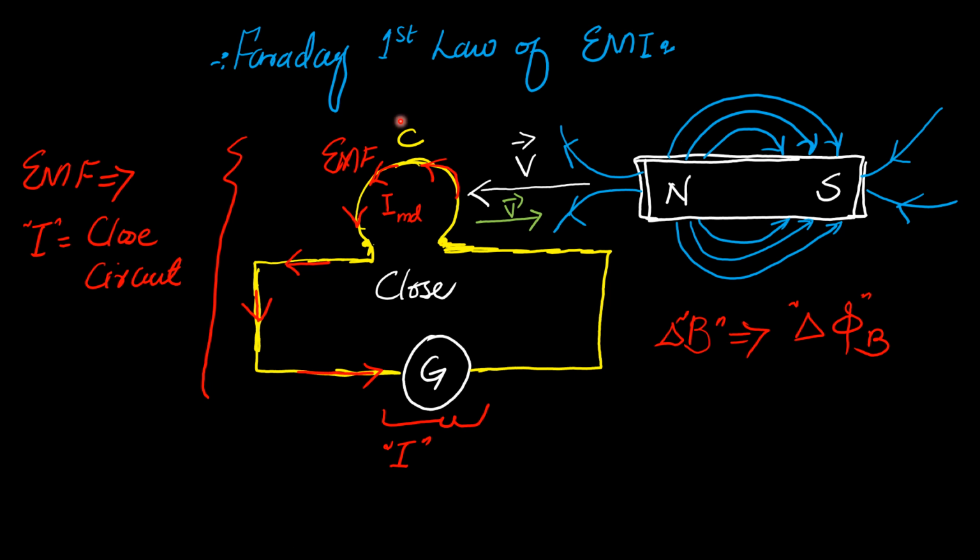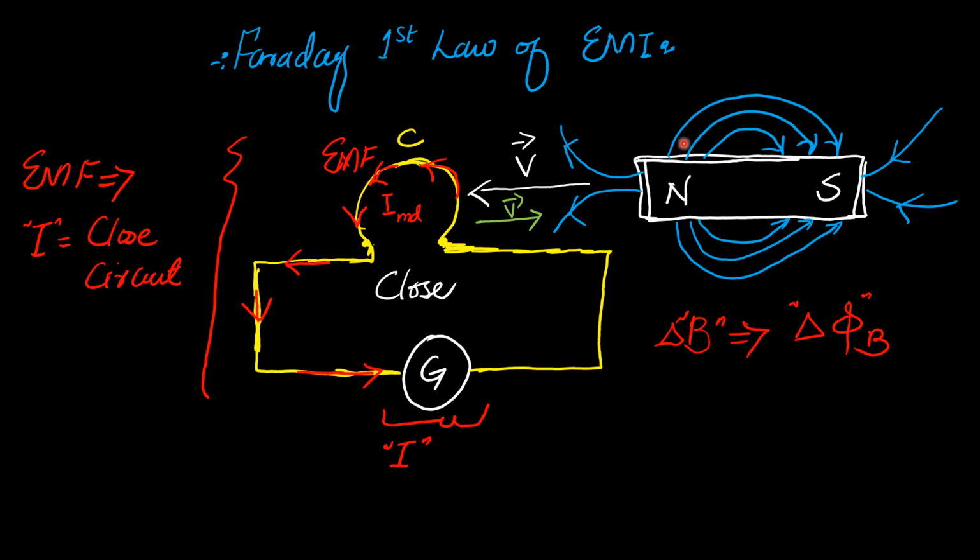Now, students, please keep in mind that there are some key points you need to remember. The motion of a magnet toward or away from the conducting coil causes a change in magnetic flux, which causes an induced EMF.